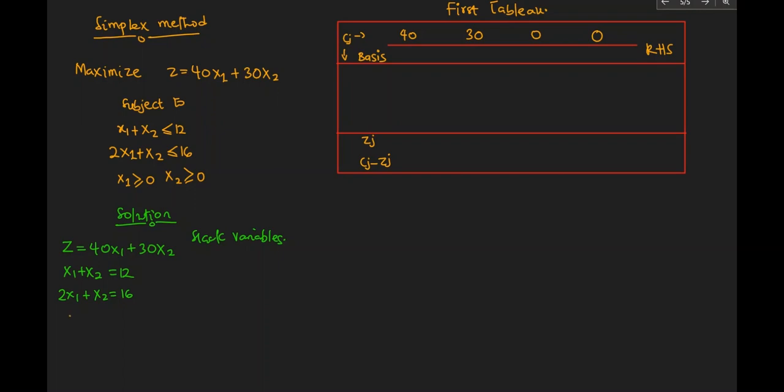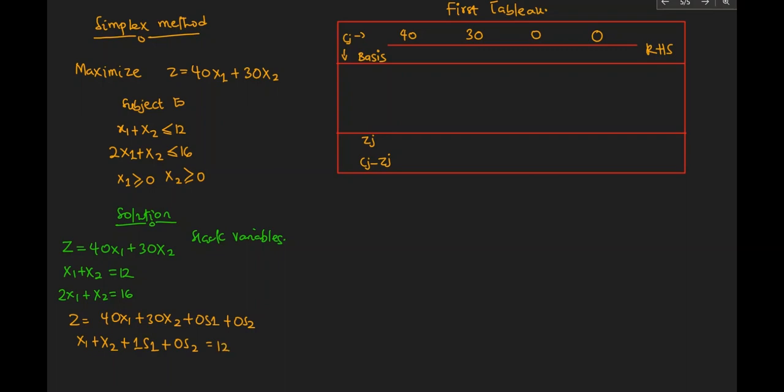So z is now 40x1 plus 30x2 plus 0s1, which is the first slack variable, plus 0s2, which is the second slack variable. You add the first slack variable to the first constraint equation, so we have x1 plus x2, plus 1s1 with a coefficient of 1, plus 0s2, equal to 12.